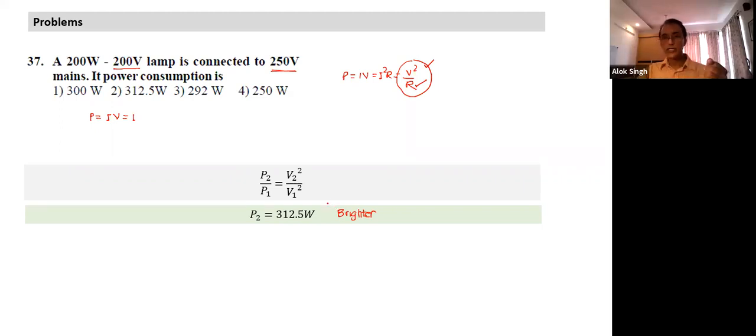It's getting more heated. And anything which is designed for a particular voltage, if we connect it at a higher voltage, it starts getting more heated and it may fail. So when it becomes brighter, it becomes more heated and it may ultimately fail.